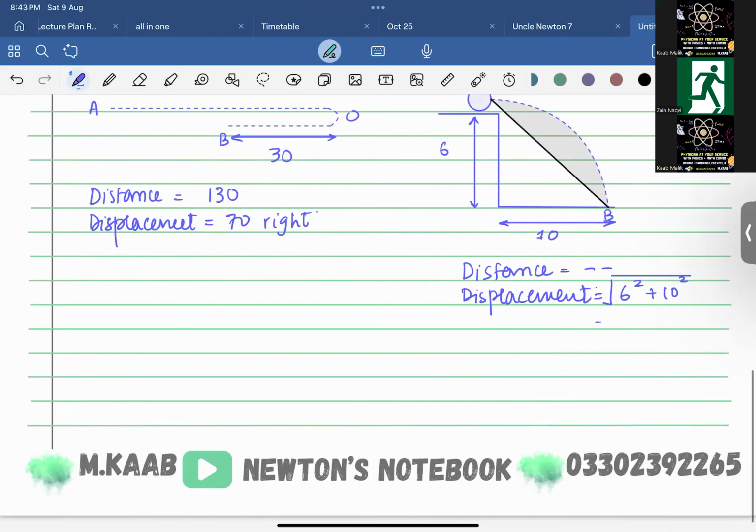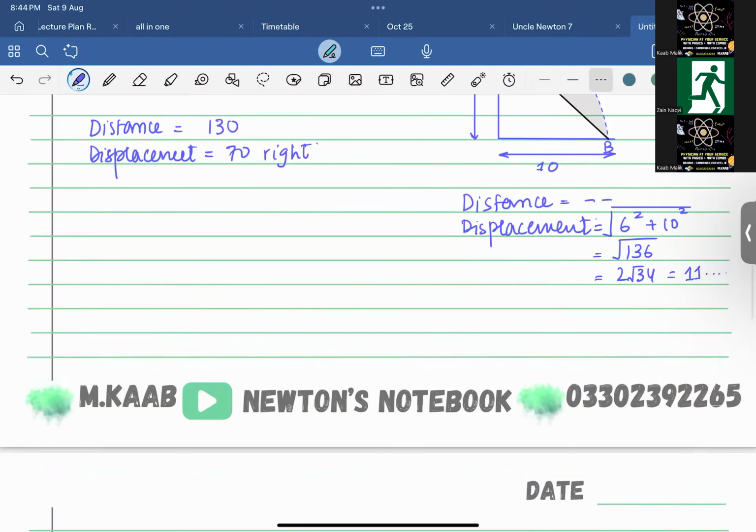It is going to be 36 plus 100, which is 136, so root 136. That will be 2 root 34, or 11 point something, I think. Same.